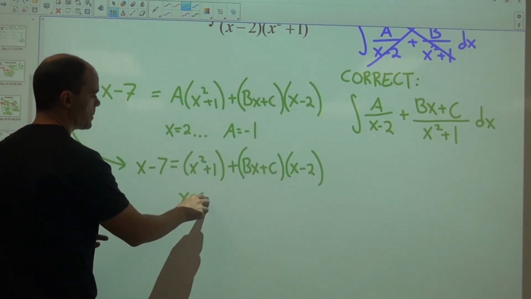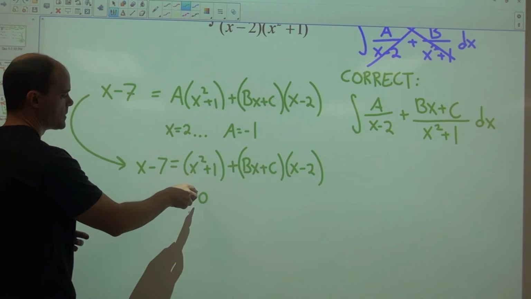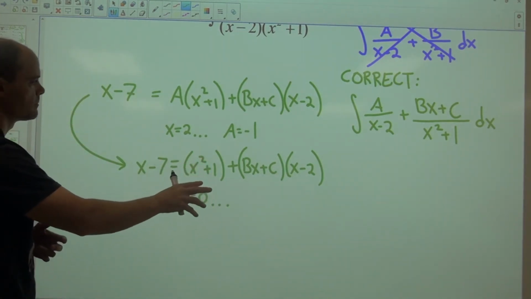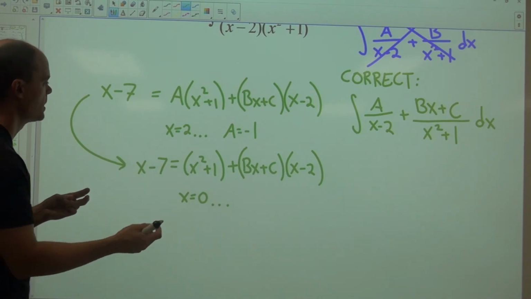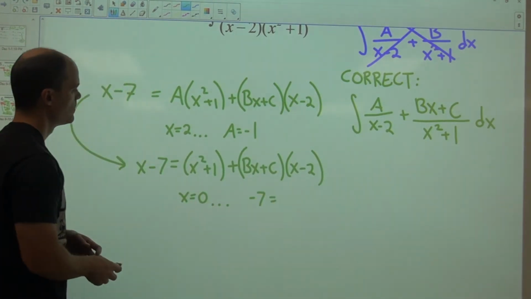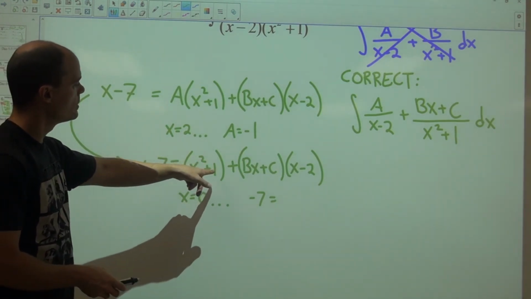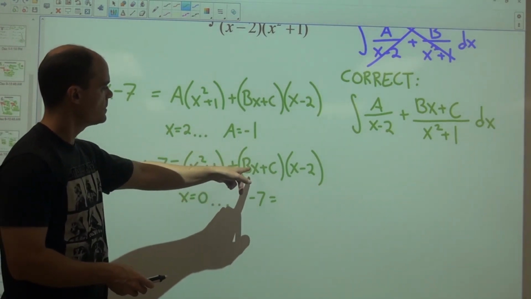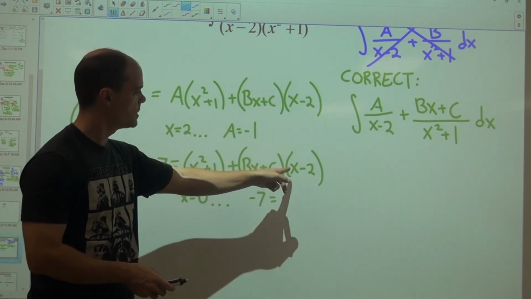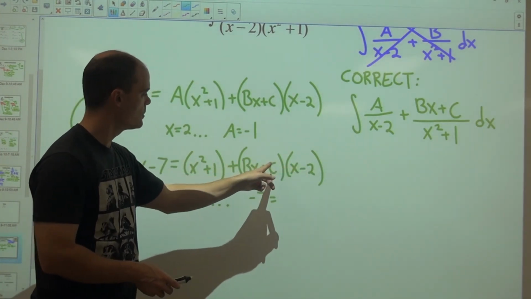If I pick 0, I'm not going to get all this to go away. I'm still going to have values remaining. I'm going to have a negative 7 on the left. This is going to be 1. This is going to cancel. I'll have just a c left in here. If I plug 0 into here, I'll have a negative 2c.